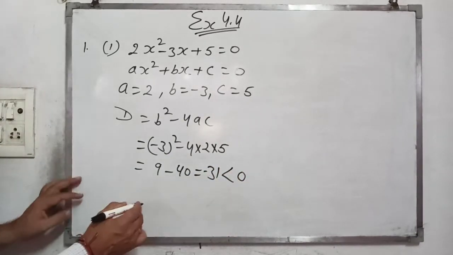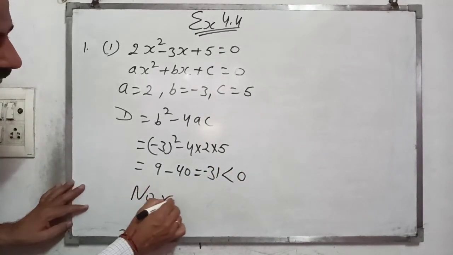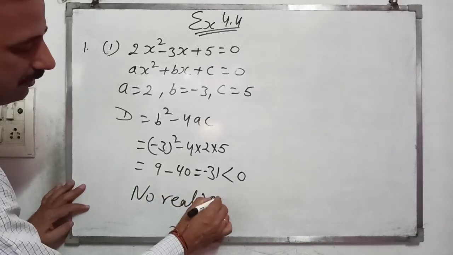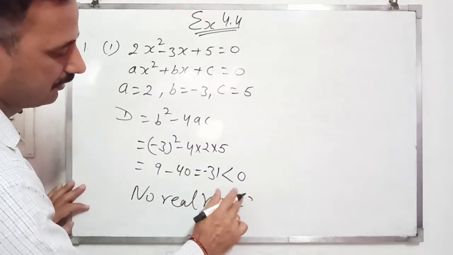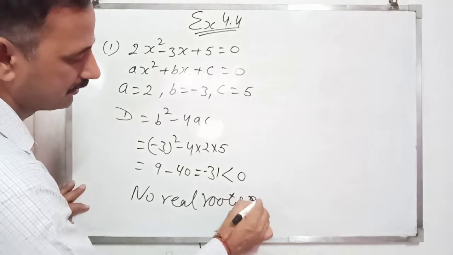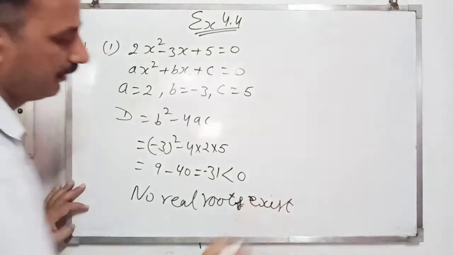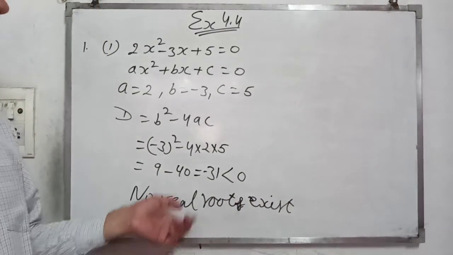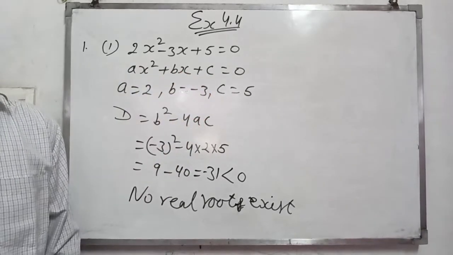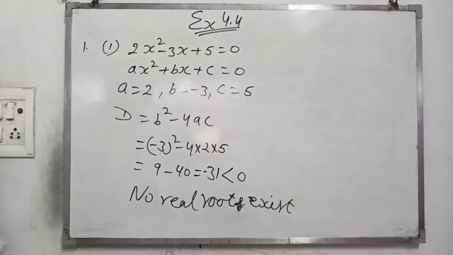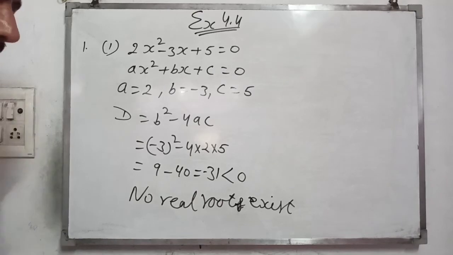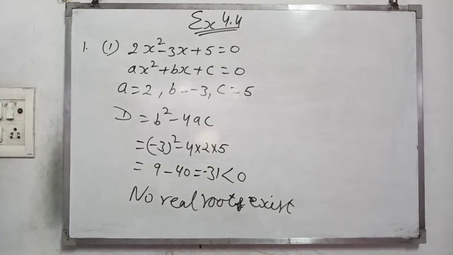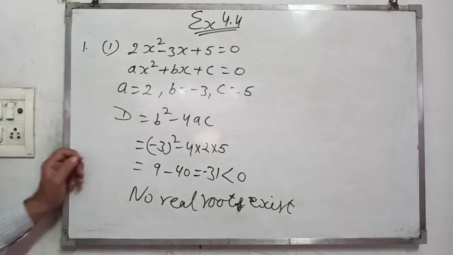If that is less than 0, it means no real root exists. So if no real root exists, we don't need to find the value of x. If D is greater than 0 or equal to 0, then we find the value of x.